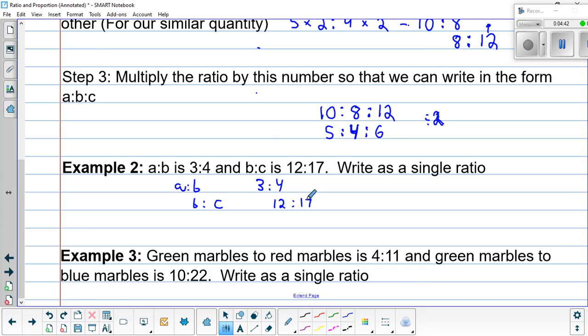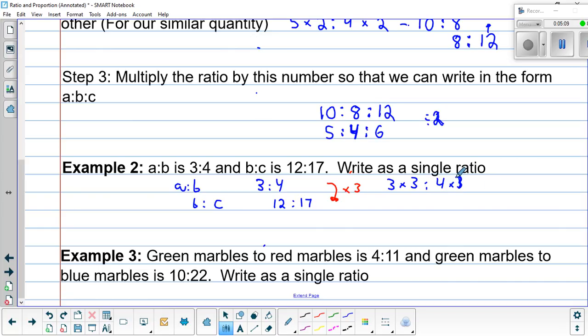So how are we going to go from one ratio to the other? Well, from here to here, I can times by 3. So I'm going to do 3 times 3 and 4 times 3 for that top ratio.